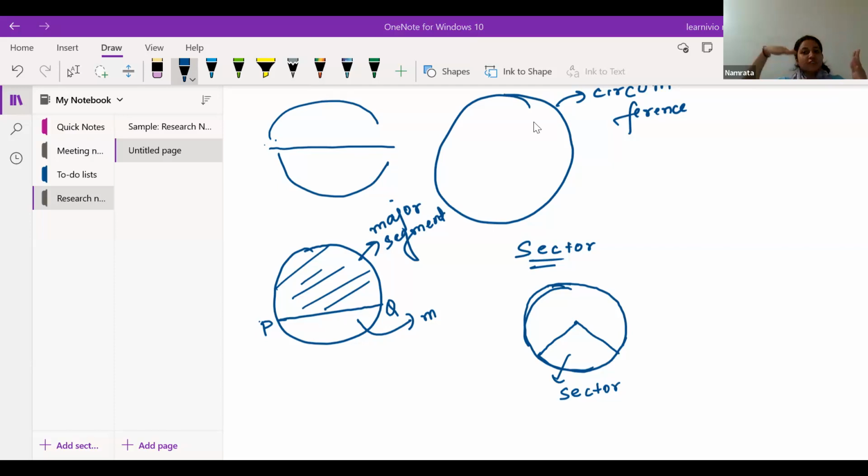So whatever region you get with an arc and its two radii, that is called the sector of the circle. Again, here we will have one major sector. And here we will have one minor sector.